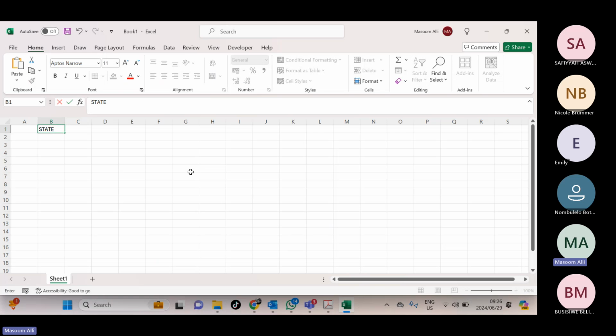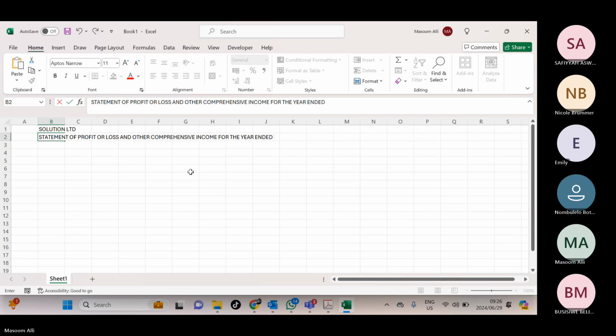So we'll start off with the skeleton of the thing, right? So we'll say entity name Solution Limited, statement of profit or loss and other comprehensive income for the year ended, I think it was 30 April 2004, right? 2004.